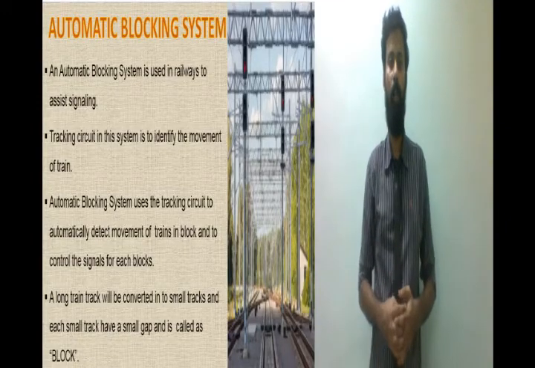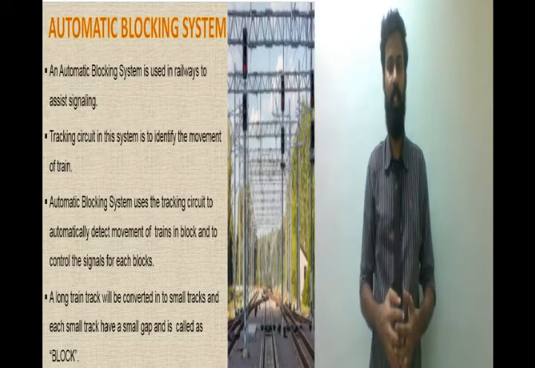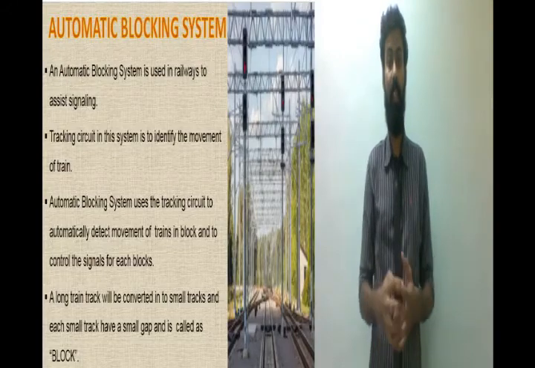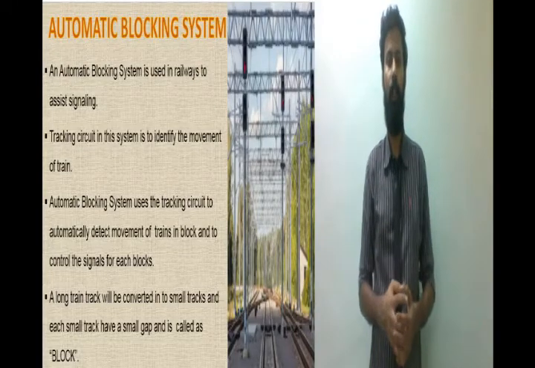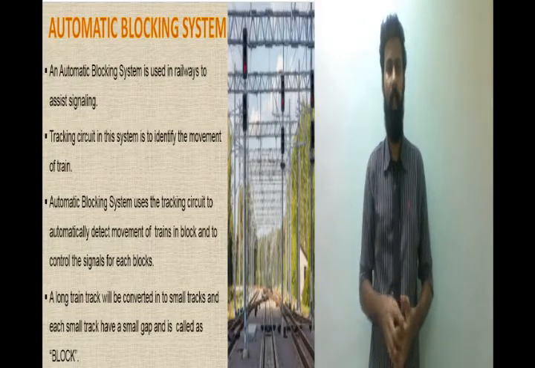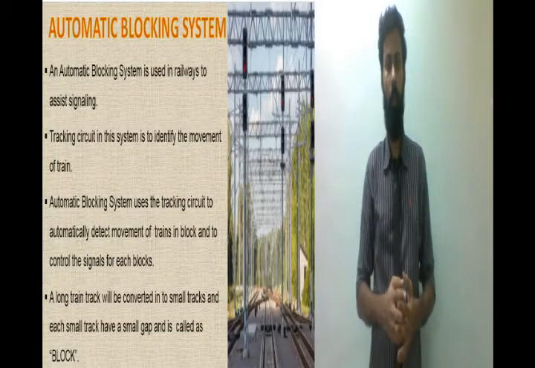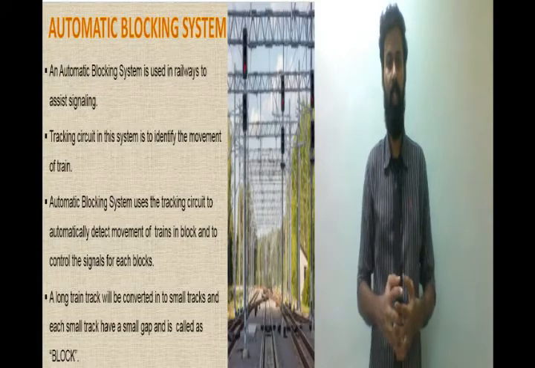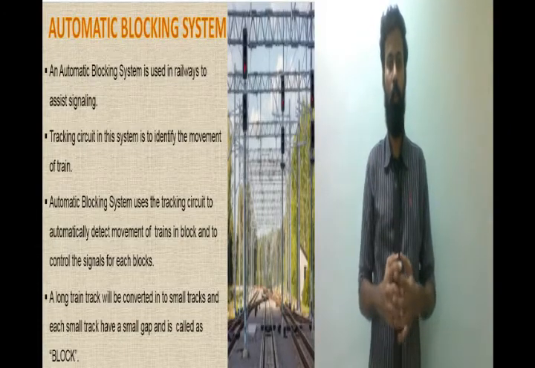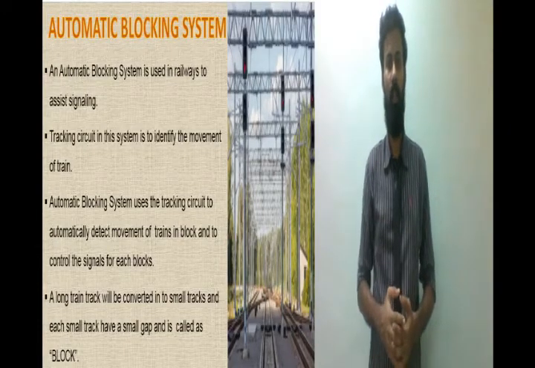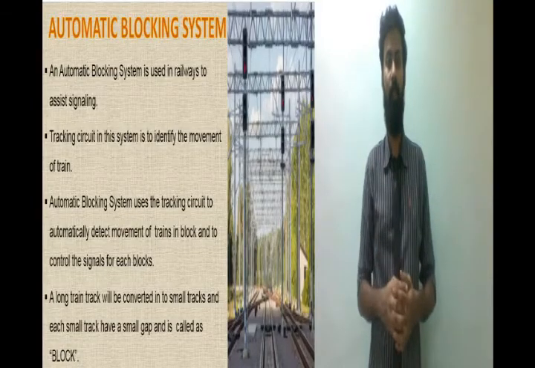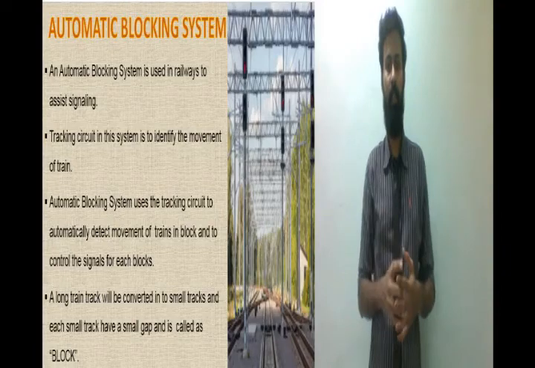An automatic blocking system is used in railways to assist signaling. The track circuit in the system is used to identify the movement of the train. An automatic blocking system uses this track circuit to automatically detect the movement of the train in a block and also to control the signaling for each block.